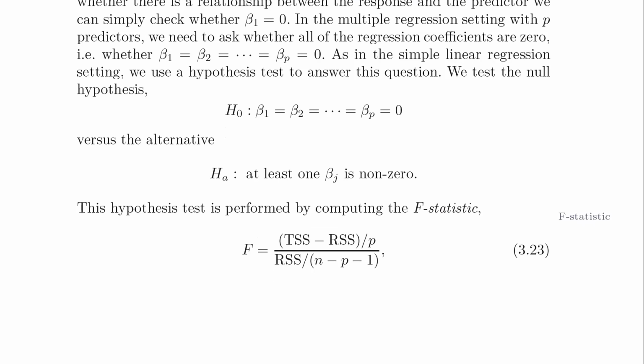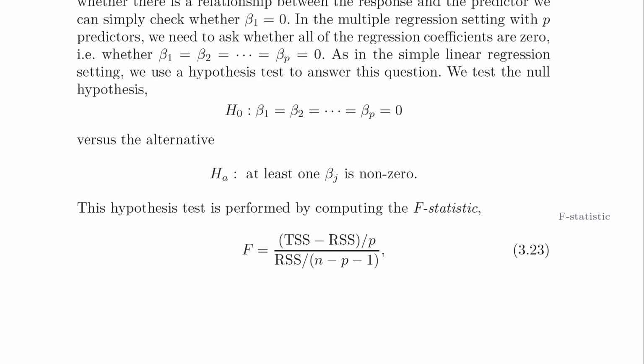We're no longer using a T distribution. This instead, for reasons that the book, I would imagine, definitely doesn't go into, is an F distribution. We ran a couple of simulations yesterday with the F distribution. It has 2 parameters, degree of freedom 1 and degree of freedom 2.